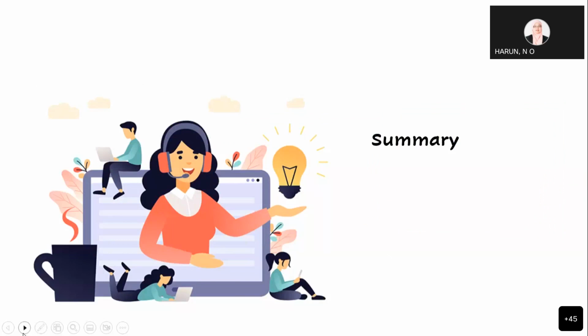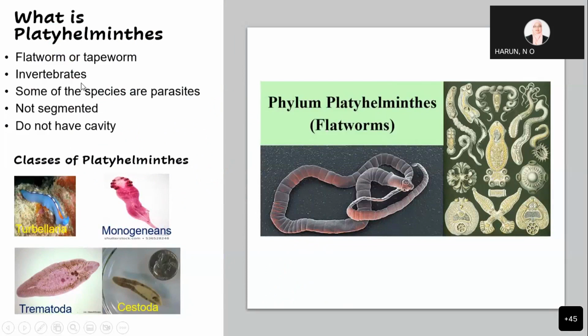Okay, the summary. What is Platyhelminthes? You should be able to know that we have 4 classes of Platyhelminthes: the Turbellaria, the Monogenea, the Cestoda and also Trematoda. They are invertebrates. Some of the species are parasites. Not segmented, do not have any cavity. So this is all the groups of the flatworms, or the Platyhelminthes.